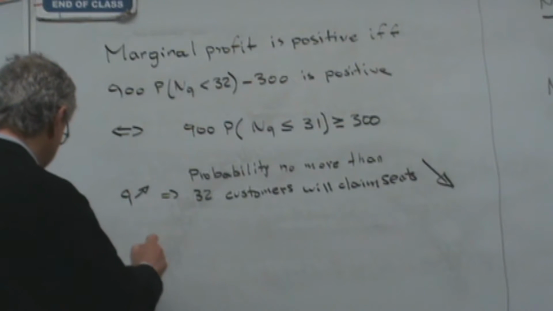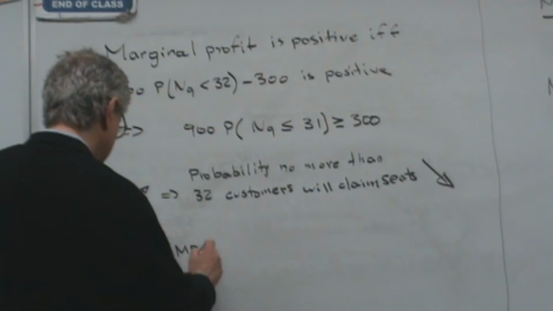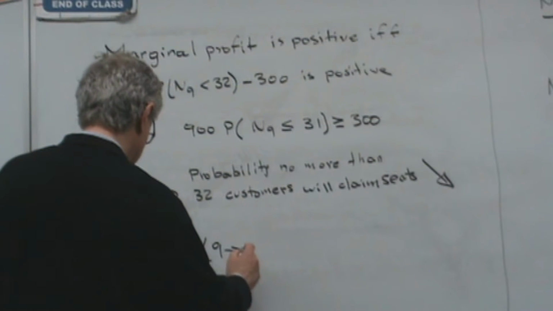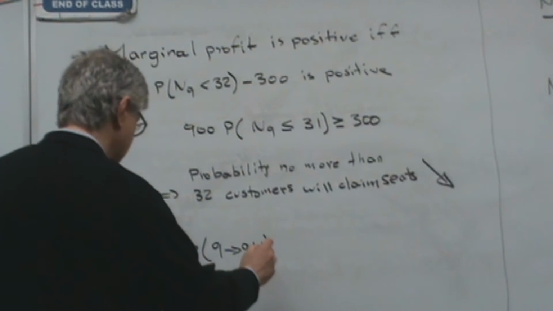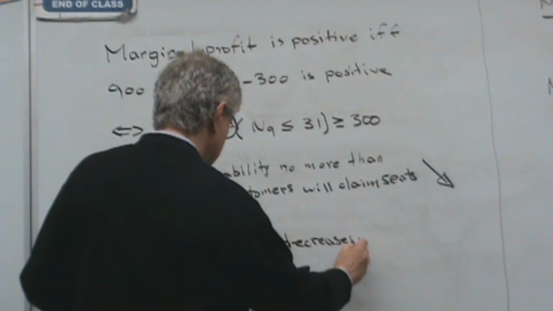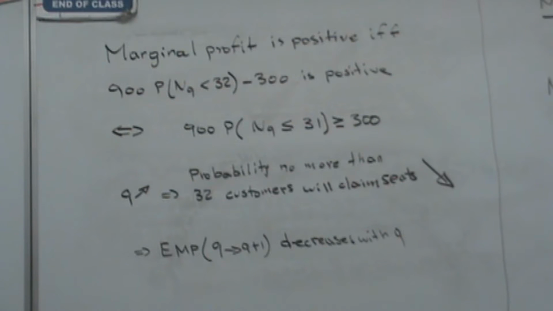That means at some point the expected monetary profit when you go from Q to Q plus 1 decreases with Q. That means every time you bump up the quota, the expected gain in the profit keeps decreasing because you are taking a higher risk of not being able to accommodate the customer.